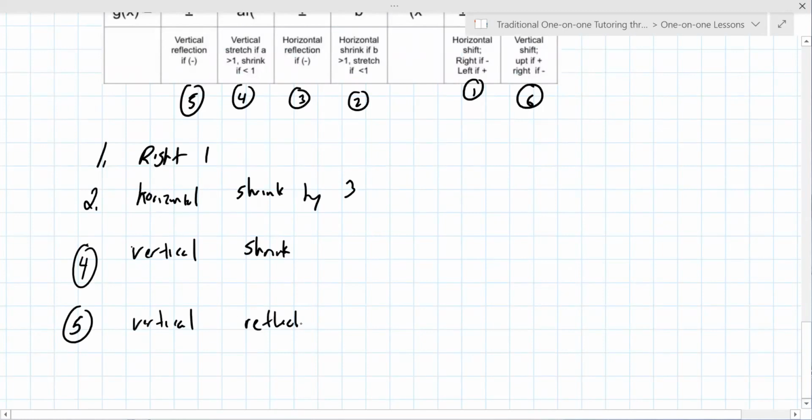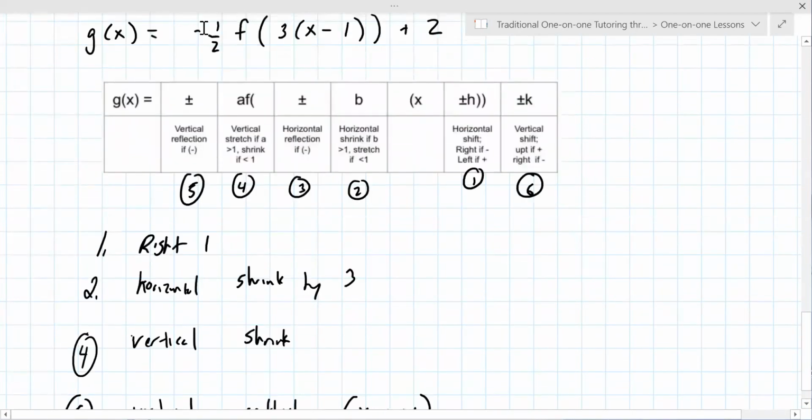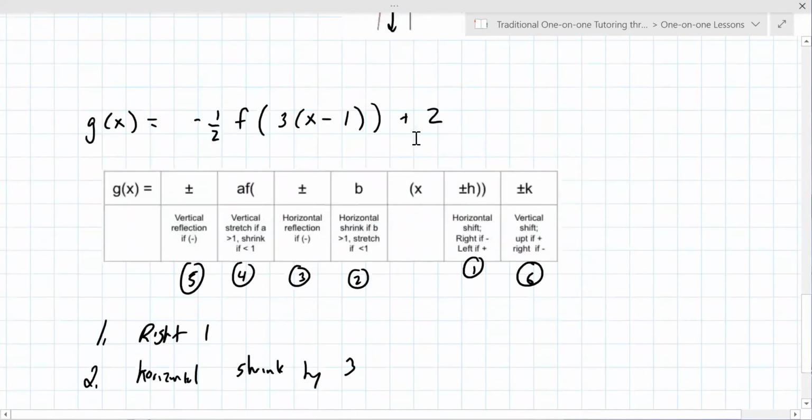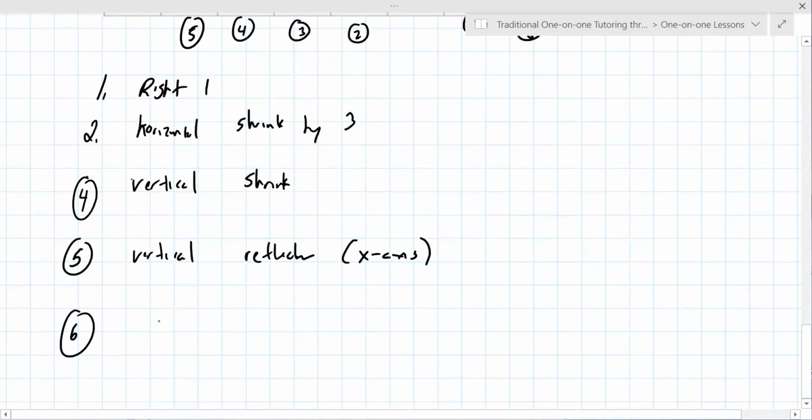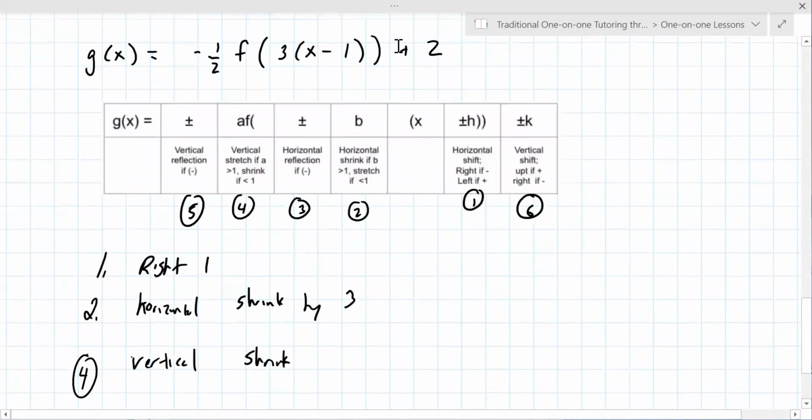I prefer to talk about the axis, but this is over the x-axis, because of that negative right there in front. And then this +2 is number 6. Number 6 is a shift up 2. Did I go +2 or -2? Or up 2?